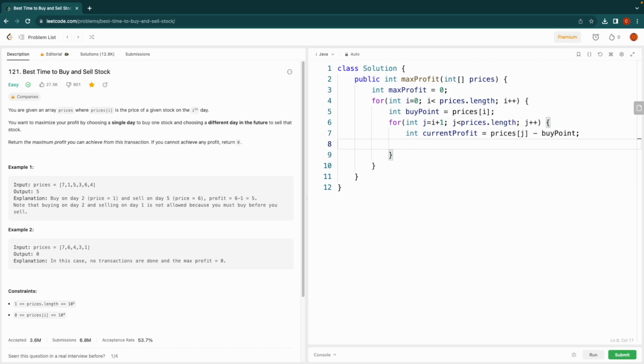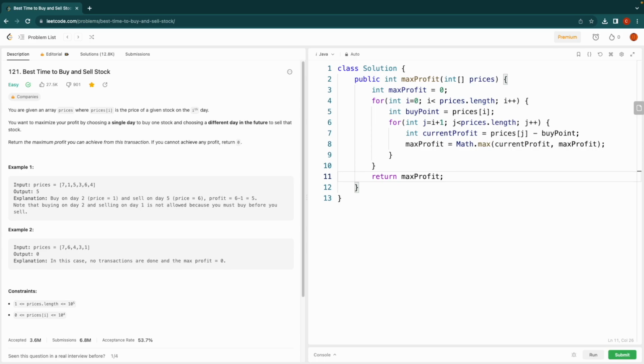We have to update max profit if current profit is greater than the max profit. We will just use Math.max for that. Whatever is maximum, we will pick that. And we return max profit.